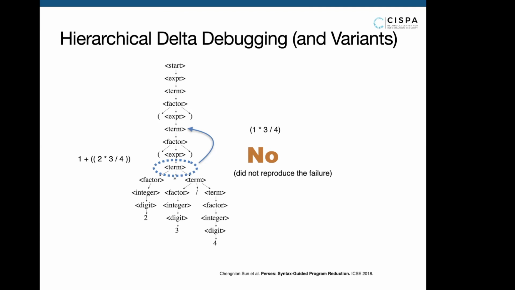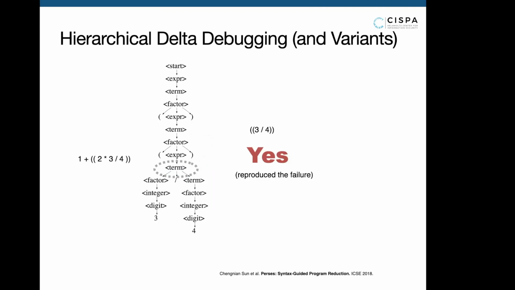Similarly, we continue and then we come to the next term. And we check whether we can reproduce a failure by replacing the previous term with this term. And the tree thus produced is double nested 3 by 4, and that actually reproduces this failure. So we can continue with the new tree. And this tree again can be reduced by looking at the next term.